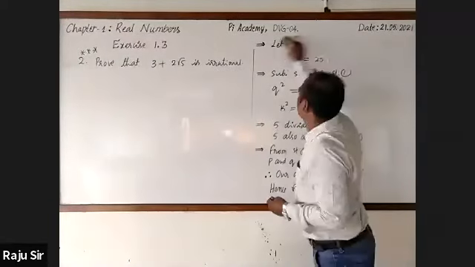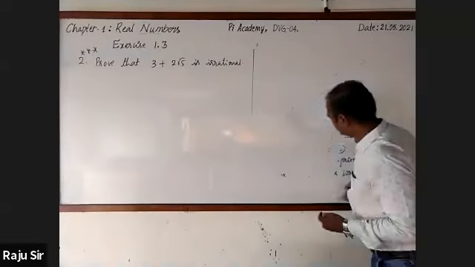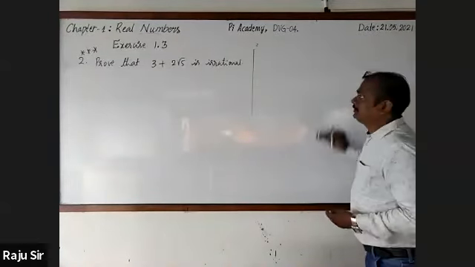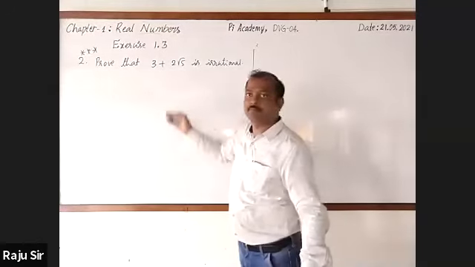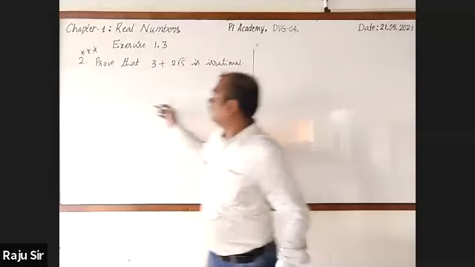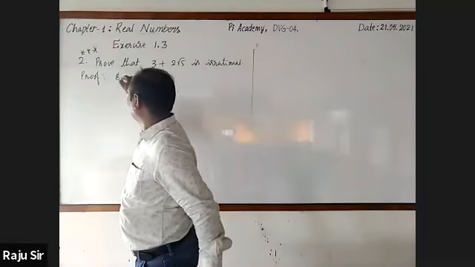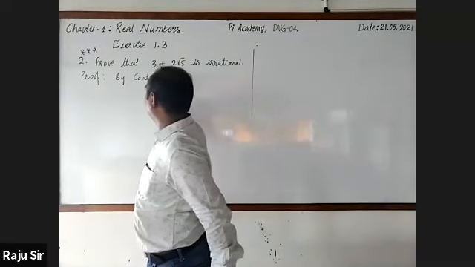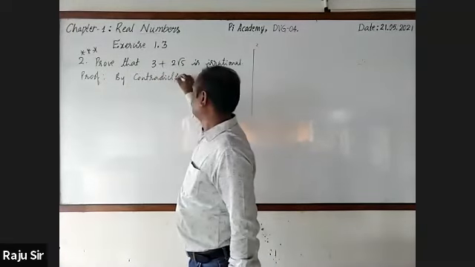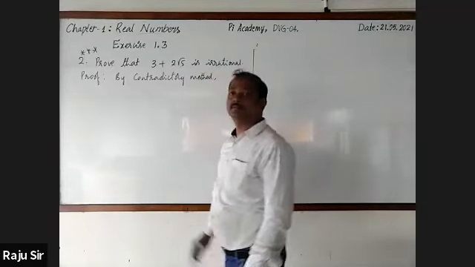As we have solved so many statements and proved them as irrational, here also we will follow the same. But the given irrational is a binomial. Prove by contradictory method.